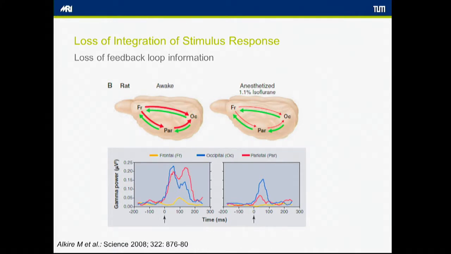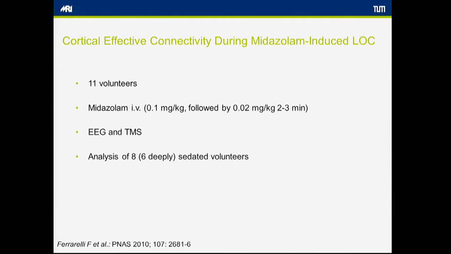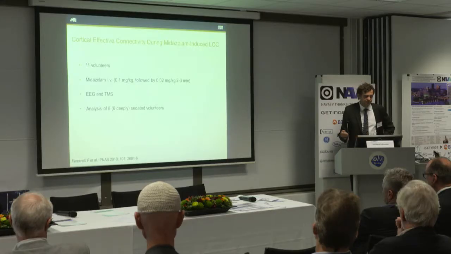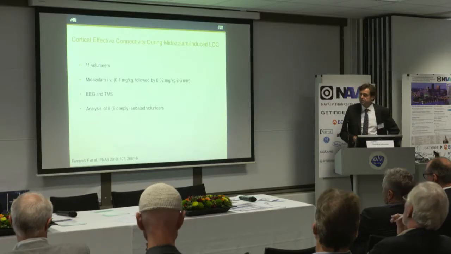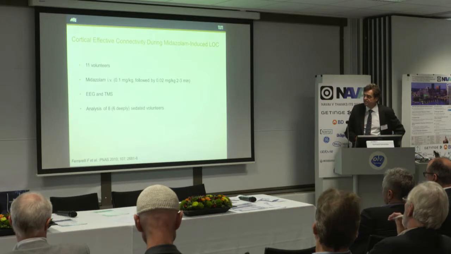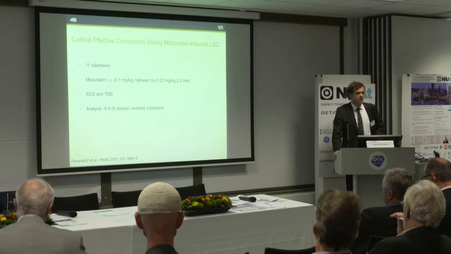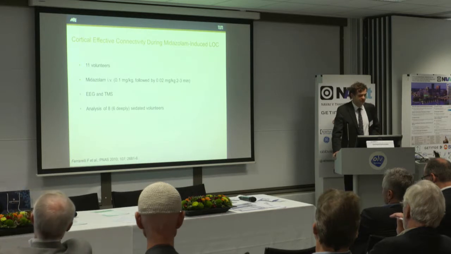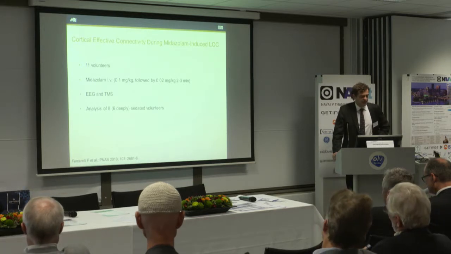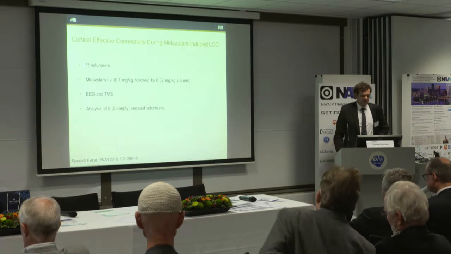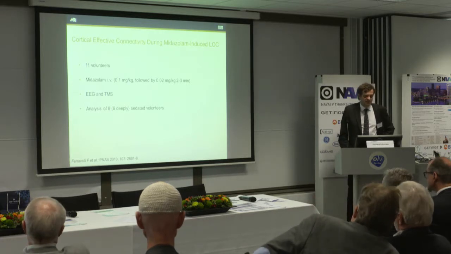This has been shown in rats initially, and then later on with a similar approach in volunteers. Farrelly induced sedation in 11 volunteers, and his group used EEG and transcranial magnetic stimuli, analyzing 8 or 6 deeply sedated volunteers.